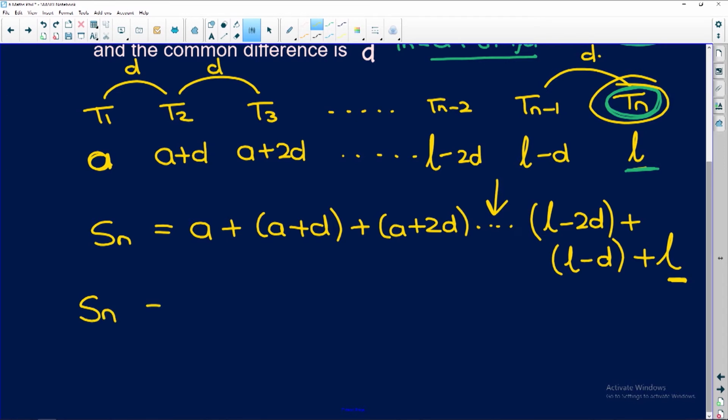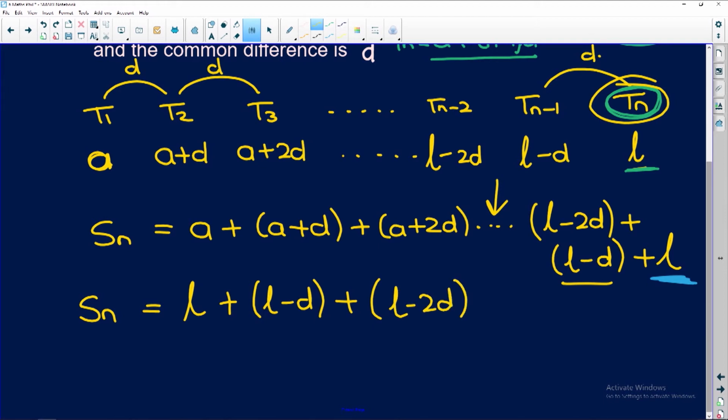Now, some bright spark decided, to derive a formula for all of this, let me write that whole sum backwards. So, if I start with the last term, I can say L plus L minus D, plus L minus 2D, all the way to A plus 2D, plus A plus D, plus the first term all the way at the end.